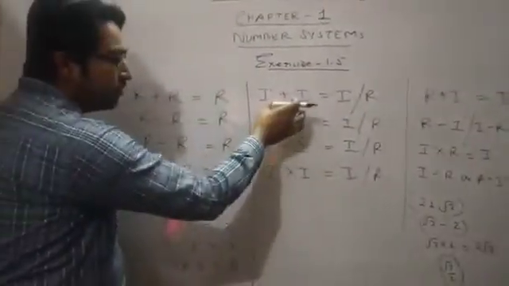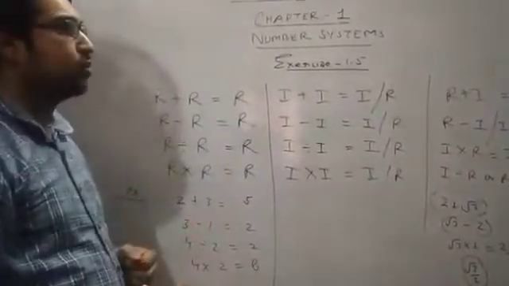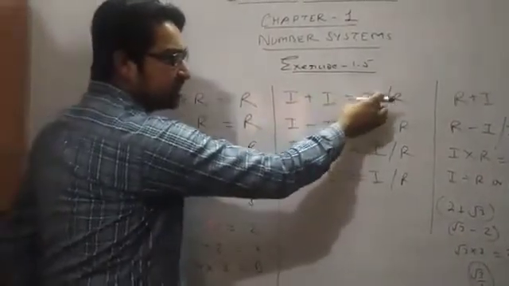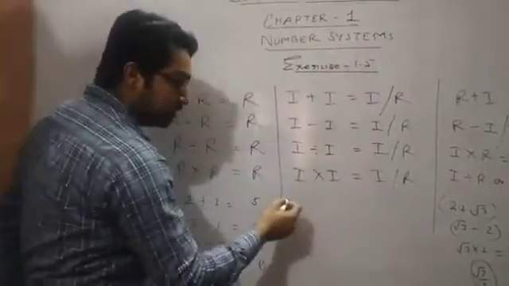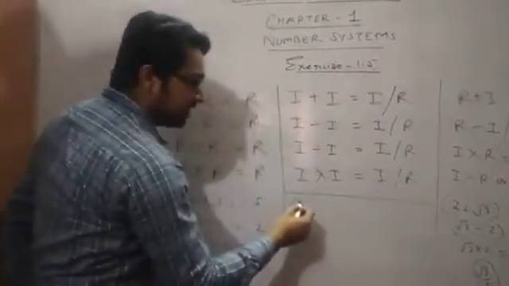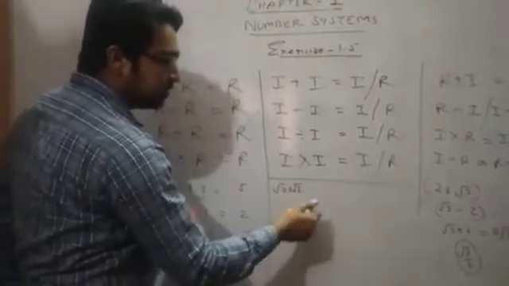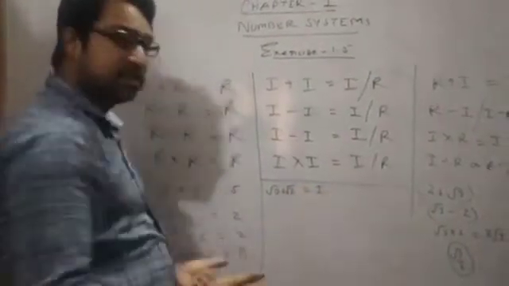Okay. Now see the examples of this property. When we add irrational and irrational, we will get the answer irrational as well as rational. Why? See example. When we add root 3 with 2 root 2, both are irrational numbers, then it is an irrational number.